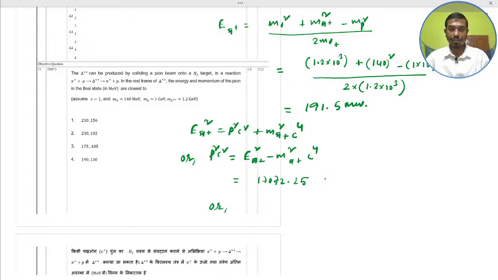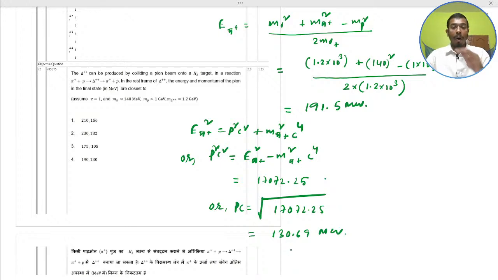So take the square root of this, and you would get the PC value of 130.69 mega electron volt. So PC means the momentum of the pion. The momentum of the pion pi positive would be 130.69 mega electron volt.